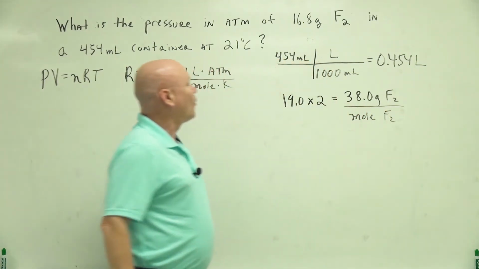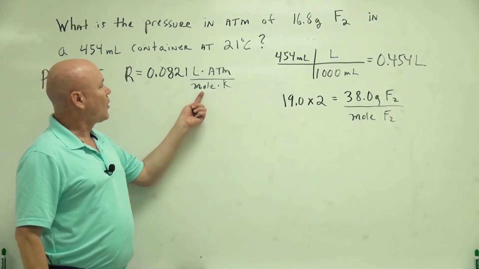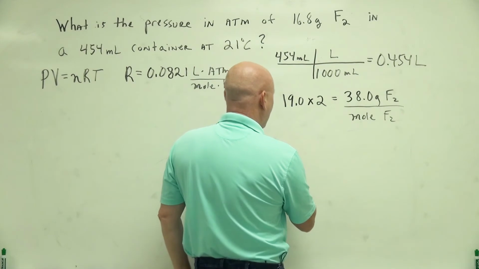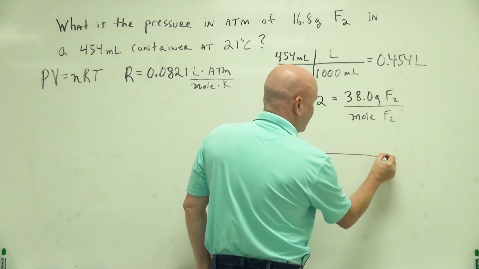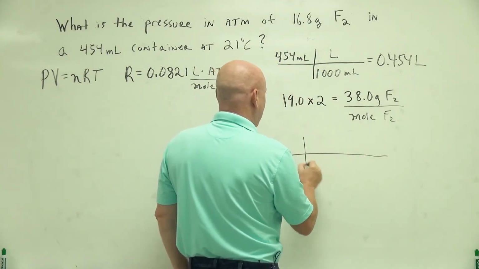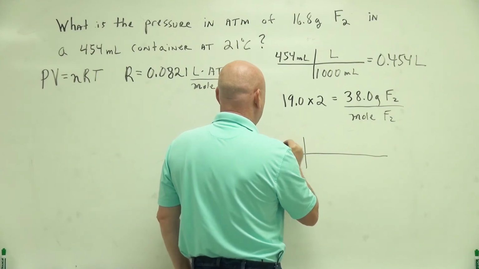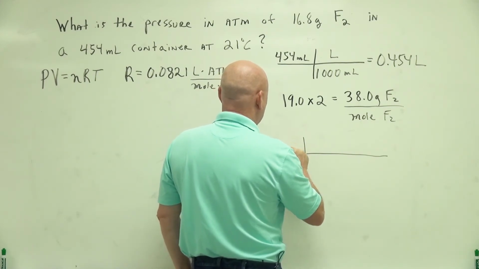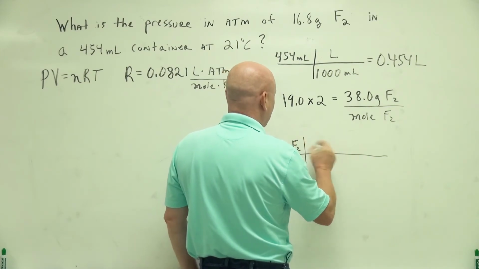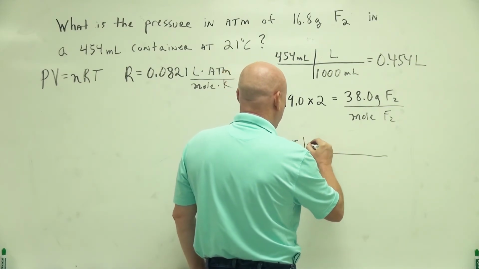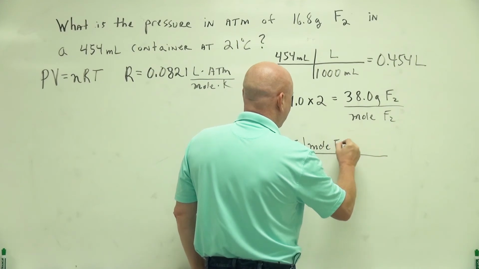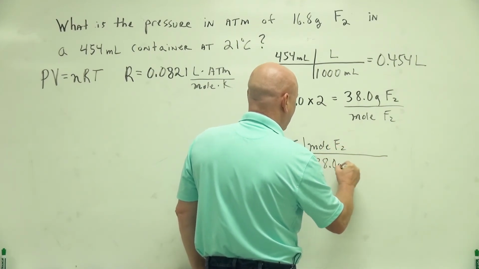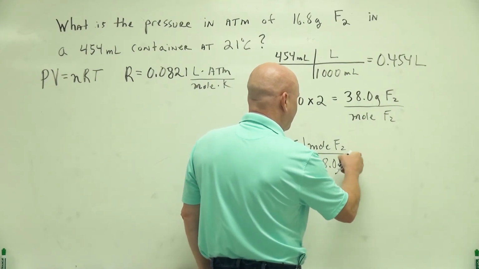Now that I have my molar mass, I can get our moles from our grams fluorine. That is just like this: 16.8 grams fluorine, and a mole of fluorine is 38.0 grams fluorine.